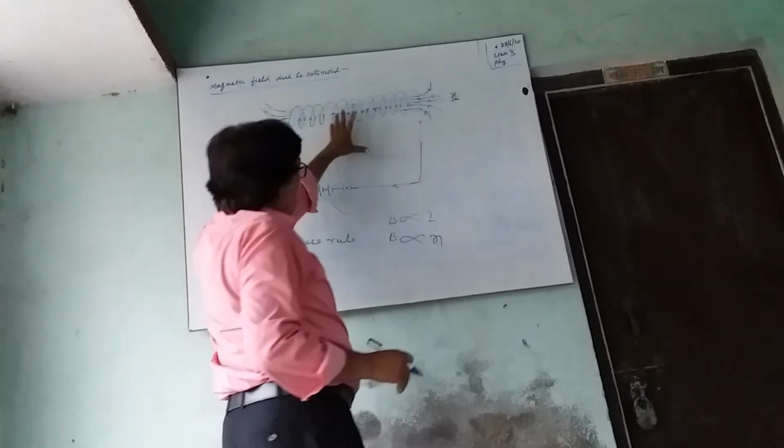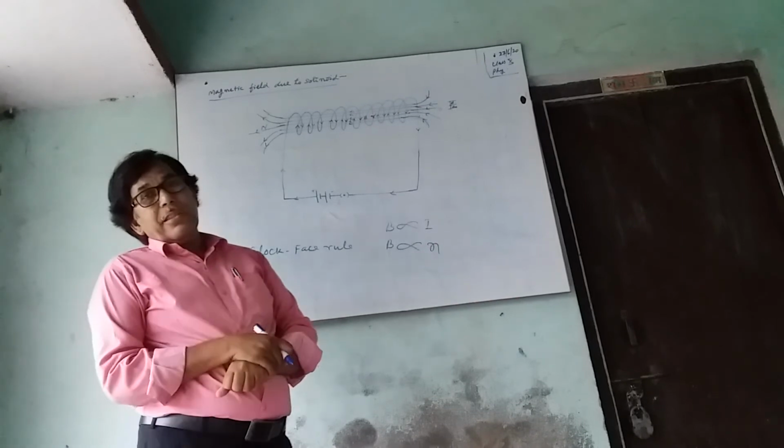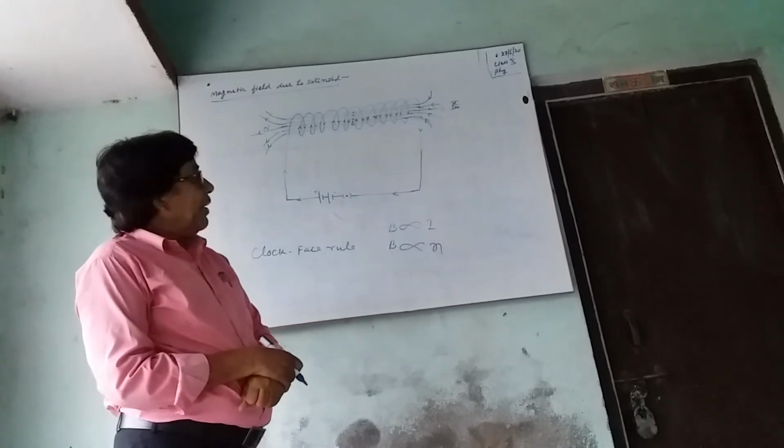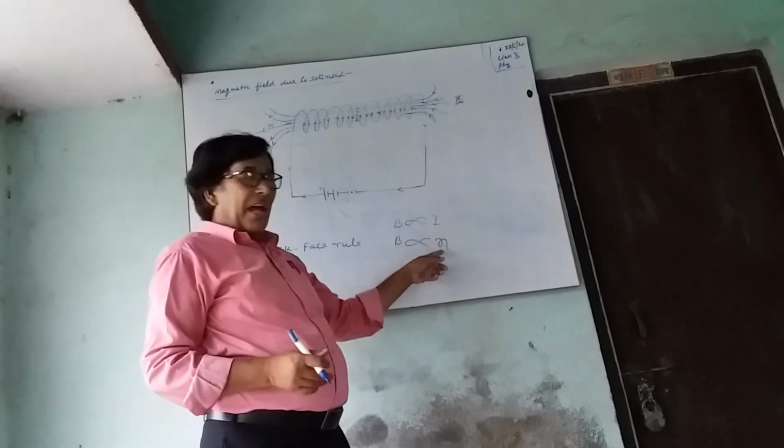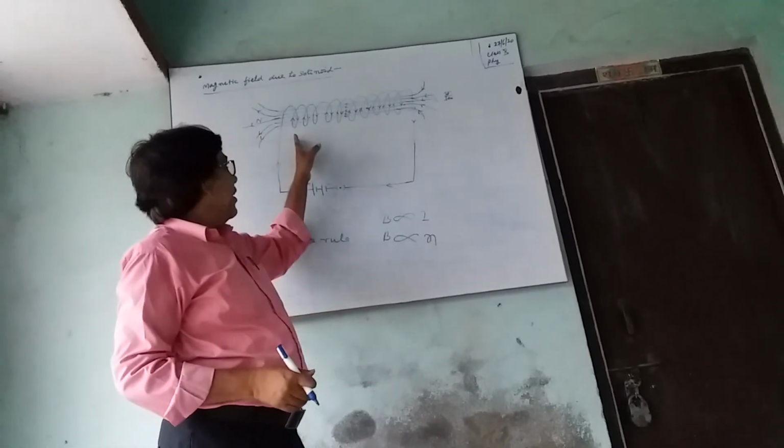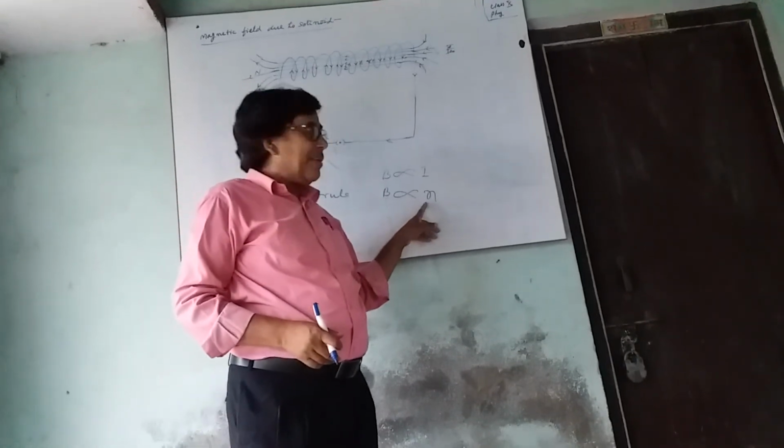We can increase the strength of this magnetic field by increasing the number of turns, and decrease it by decreasing the number of turns.